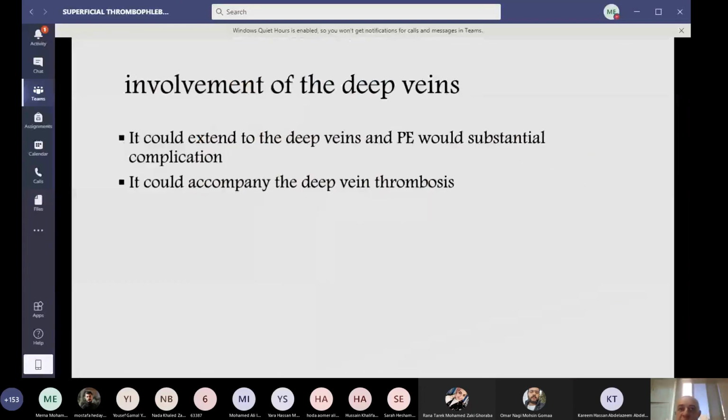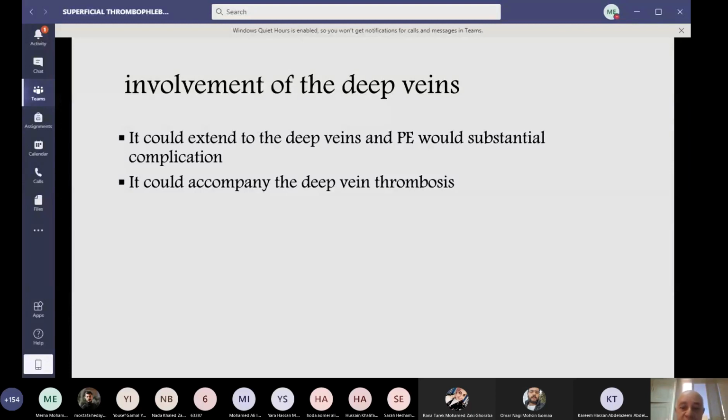Superficial thrombophlebitis has its importance or its risk from the involvement of the deep veins, because as we have given to you during the explanation of the anatomy of the veins of the lower limb, these superficial veins convey their blood to the deep system.